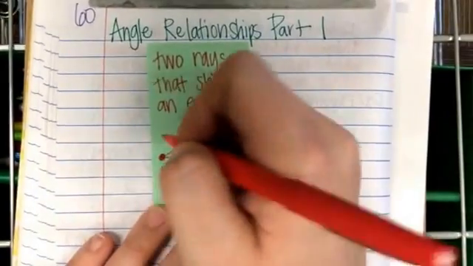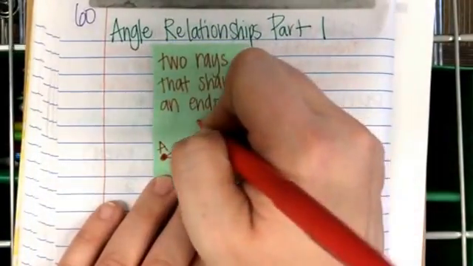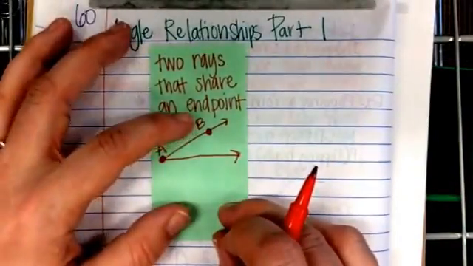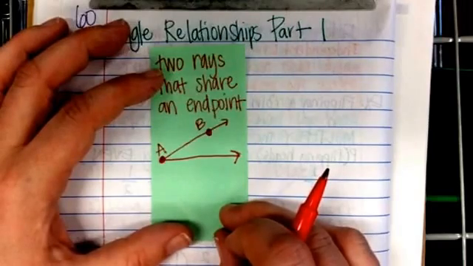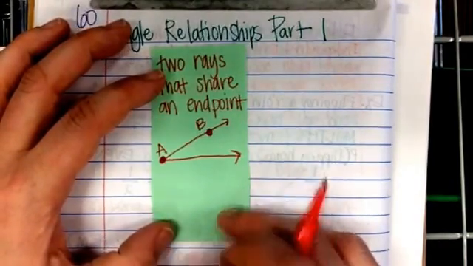So for example, if this was A, B, do you remember how you write the name of that ray? It's elementary school math. Think back to geometry.